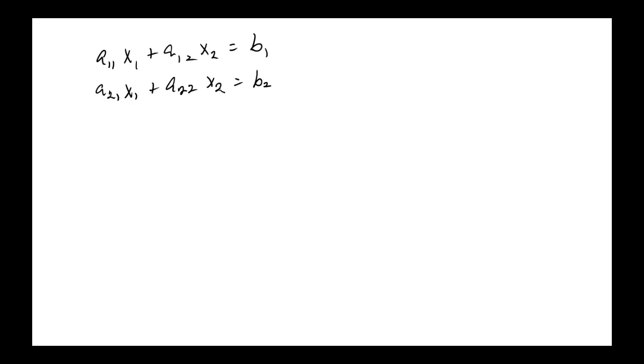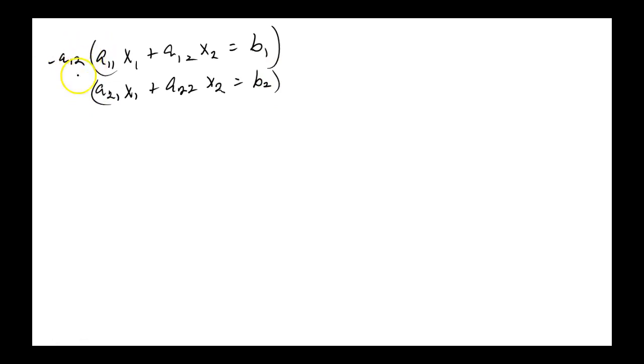Okay? And what we're going to do here, we're going to eliminate the x2 variable, and how we're going to do that is multiply the top equation by a22 and the bottom equation by minus a12.